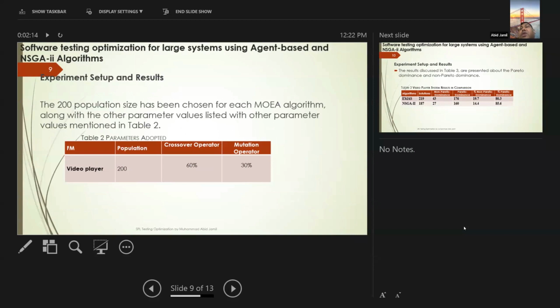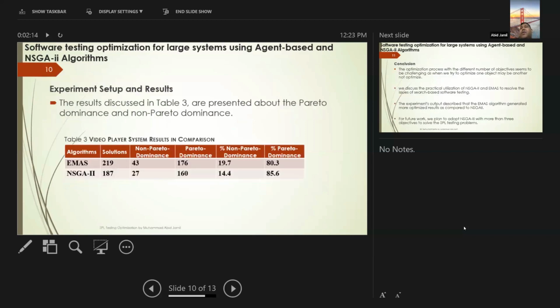For crossover we select 60%, for mutation 30%, and the population size we select is 200 for our large system, the video player. If we go to slide number 10, we have the results.